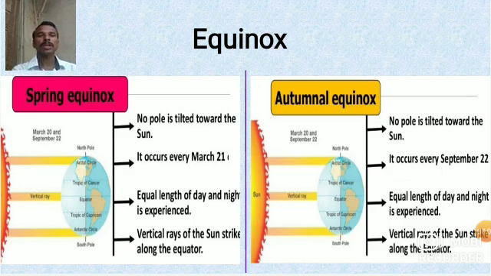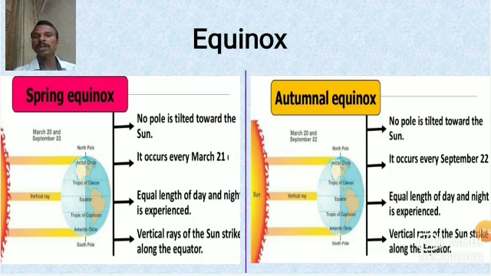And in autumnal equinox, no pole is tilted toward the sun. Here also the same position. Next, it occurs every March 21st. We experience equal length of day and night. While autumnal equinox occurs every September 22. We experience equal length of day and night.